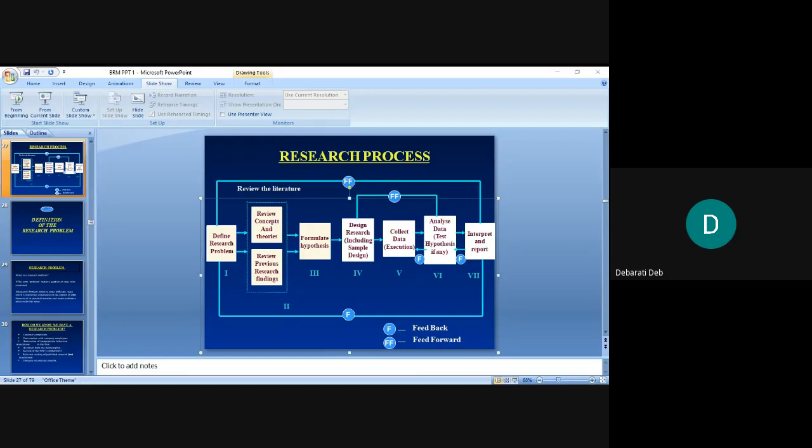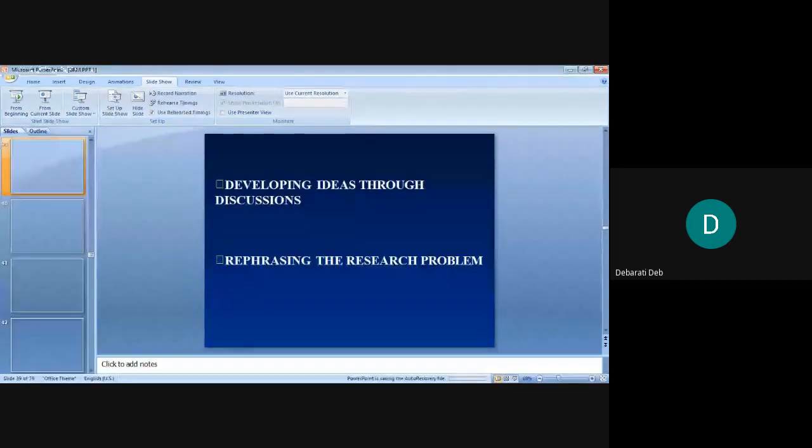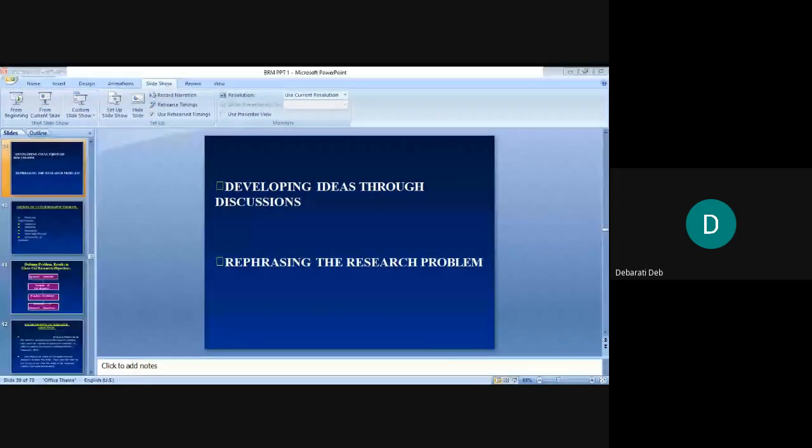See whether this was a problem in another area. If yes, then I'm going the right way. Then developing ideas through discussions: discuss with everyone in and around. Then rephrasing the research problem. Finally, you rephrase the research problem in a proper way. That is going to lead you towards formulating the research in the best possible way.